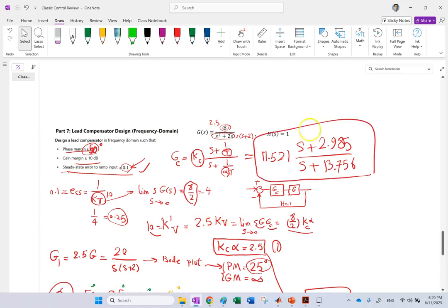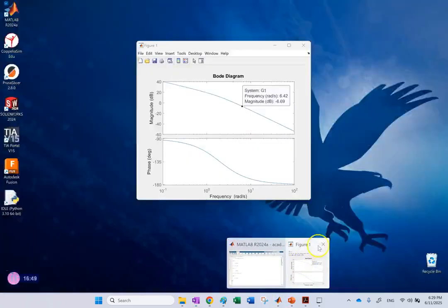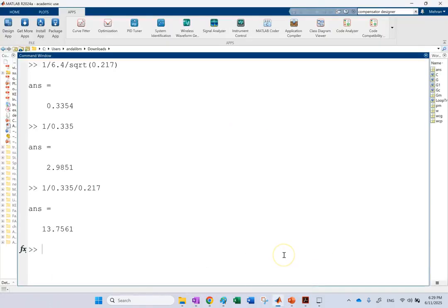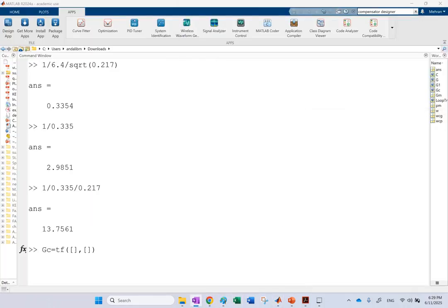If I add it right behind C in series, ideally it should satisfy all of these conditions. So let's see if it does. So what do we do now? Now we define the GC as the transfer function of. So let me put this on my second monitor so I can read off of it and put it down for you.